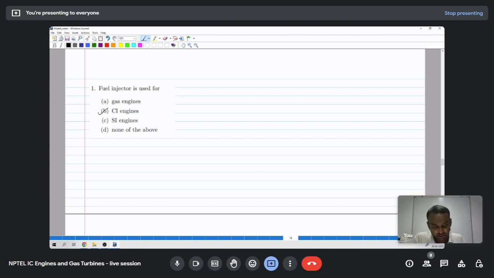Does someone want to answer? So in an SI engine we have the carburation system.